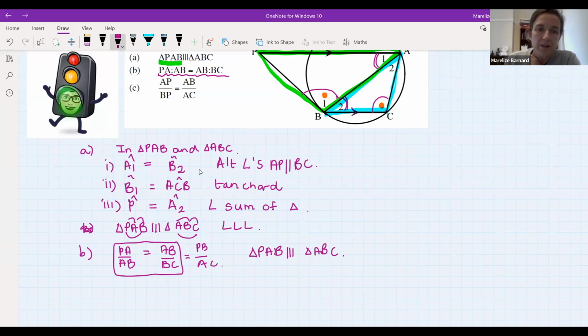But we have to put it into the ratio form. So for this one, we don't even need to cross multiply. So it's PA to AB is equal to AB to BC. But you have to give it in the form that it's asked for, which is in ratio form.